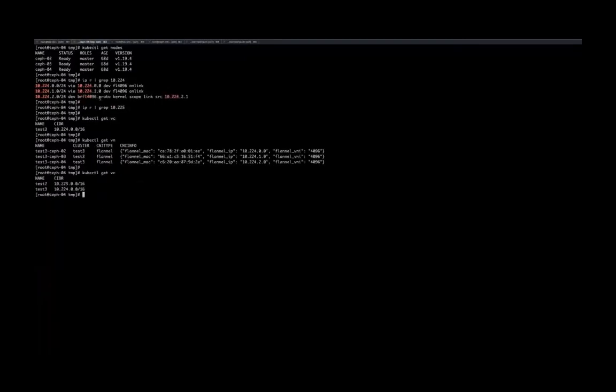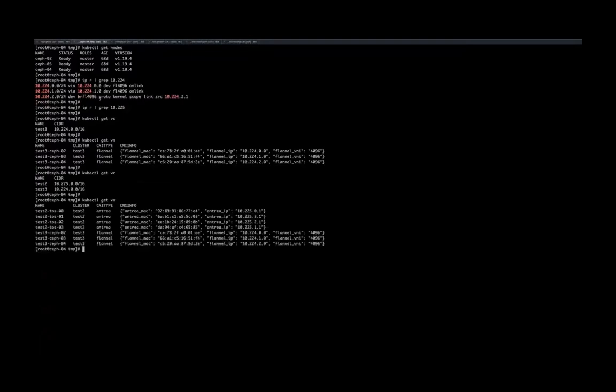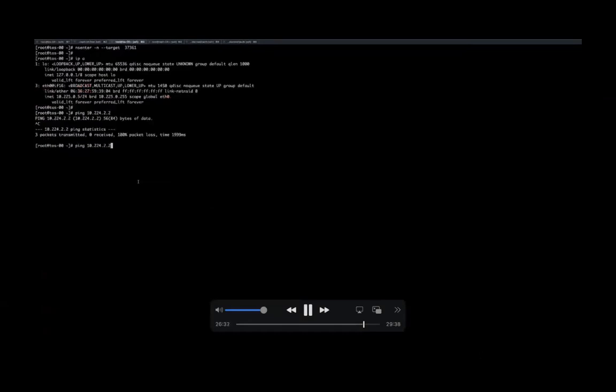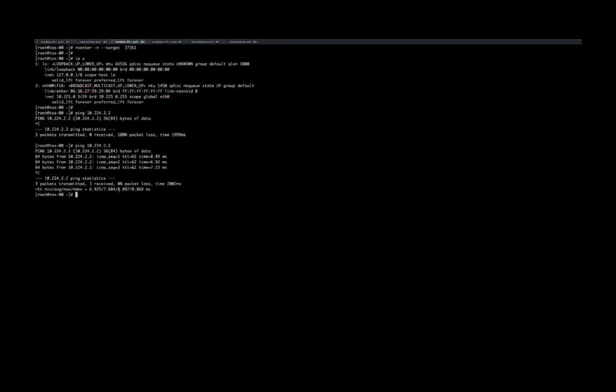In cluster 2, you have the same Win resources and REC resources created too. Then check the network. The communication is connected. And also the network of the host to the pod.